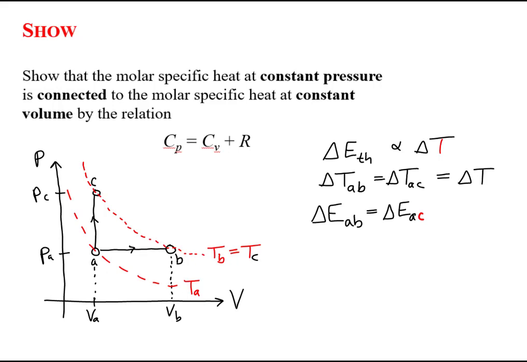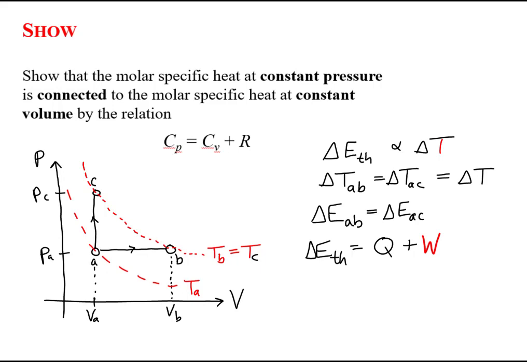So we could use this fact and the first law of thermodynamics to connect our constant pressure process to our constant volume process. Remember, the first law of thermodynamics says that the change of thermal energy is equal to the heat exchanged by a system plus the work done by the environment on the system.